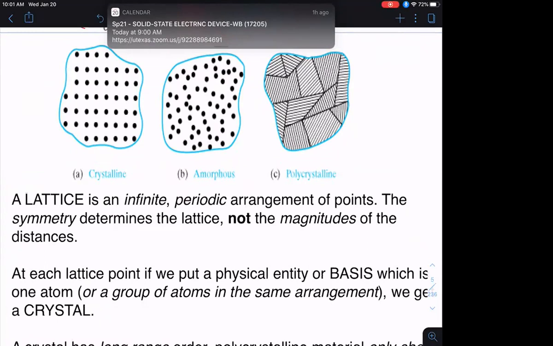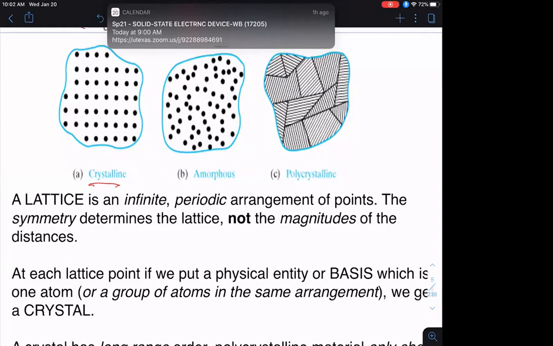So if you look at solids and you look at the arrangement of the atoms in the solid in space, you can broadly speaking put them into 3 categories. So assuming these dots are atoms, on the left-hand side, you see that the atoms have a nice periodic arrangement in space. It's making a more or less a square array.